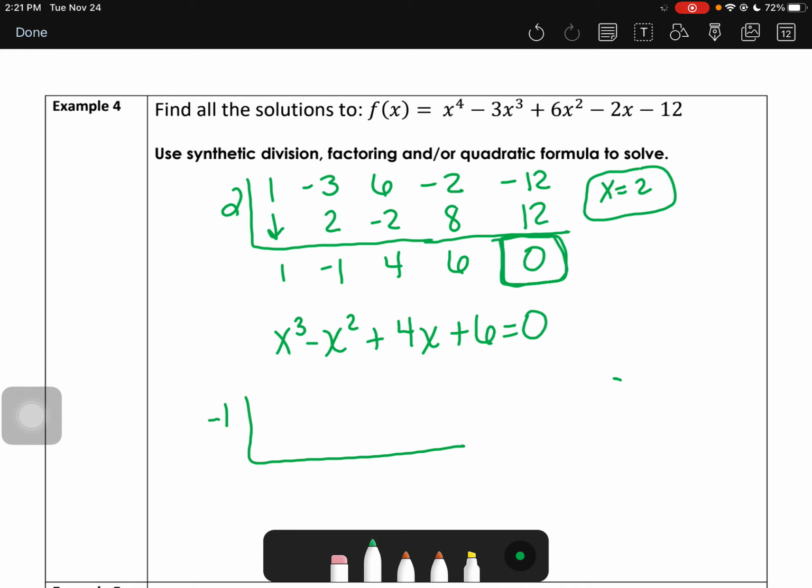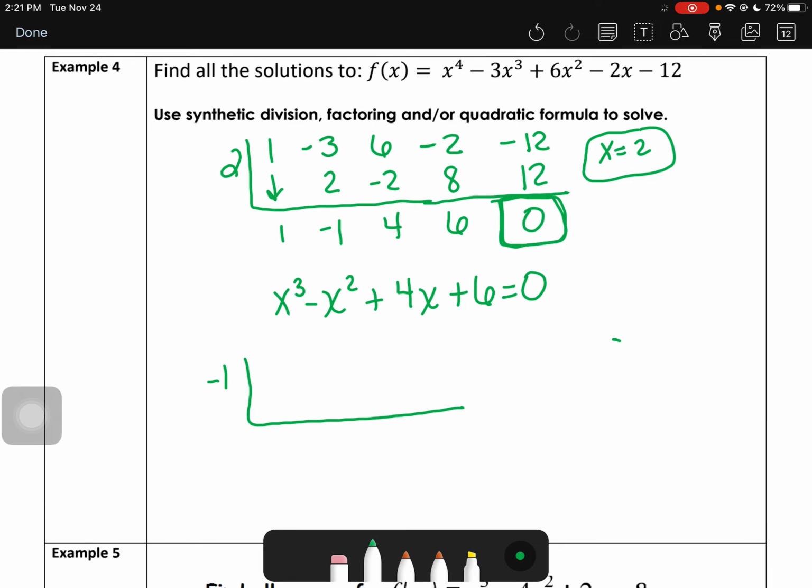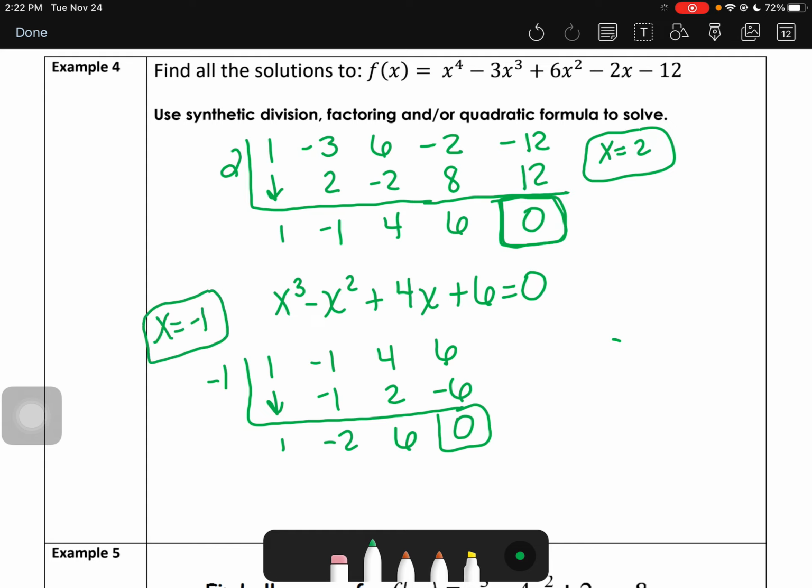And we could make another synthetic division, and we could use these coefficients. So we have 1, -1, 4, and 6. So we'll bring down the 1 and multiply. We will add and multiply. We will add and multiply. And we can see that x equals -1 is another solution because we don't have a remainder.